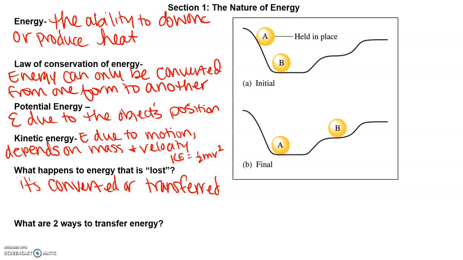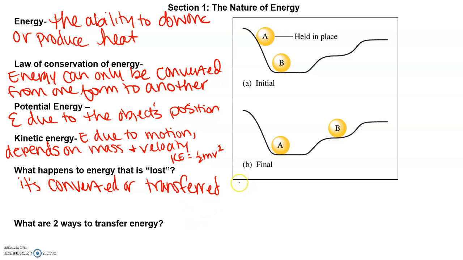So, for example, chemical energy can be converted to electrical energy, or it's transferred, meaning in this case of the picture, the energy that ball A has is transferred to ball B when they hit one another, which forces ball B to then move. So that's what it means if it says that energy is lost. It just means it's converted or transferred to another object.